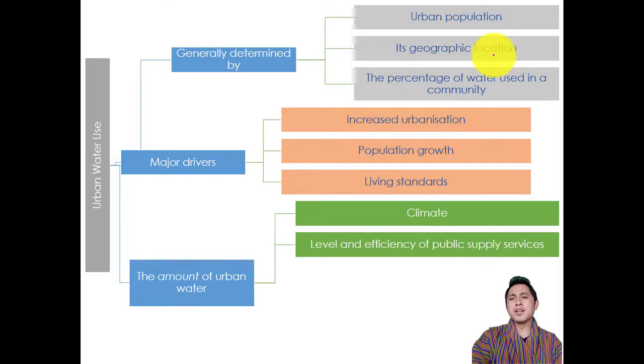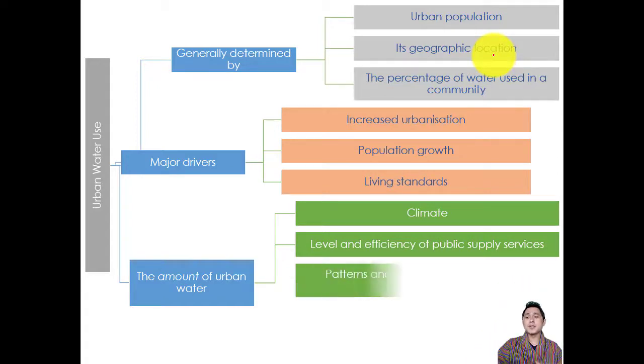Then there is the level and efficiency of public supply services. For example, in Thimphu, water is being managed and supplied by Thimphu Somde. So if Thimphu Somde is very efficient in controlling and supplying water, then it's obvious that the amount of water that's being given to those urban areas will be high and very efficient.